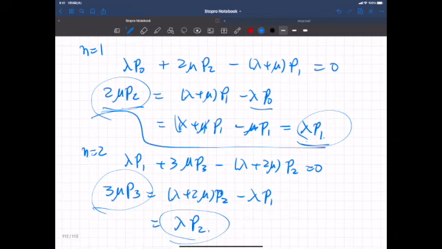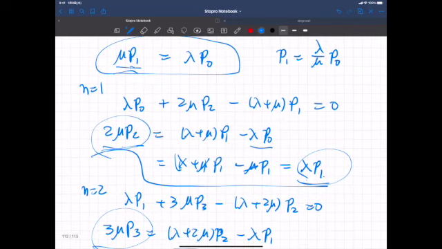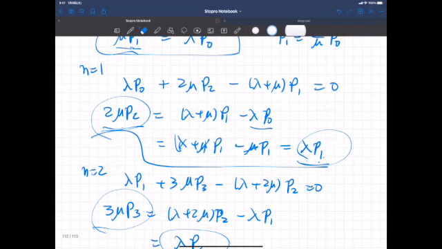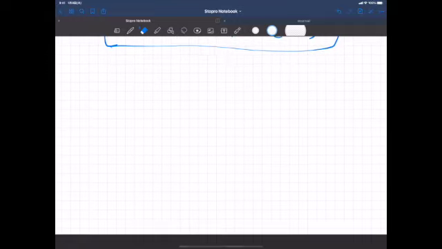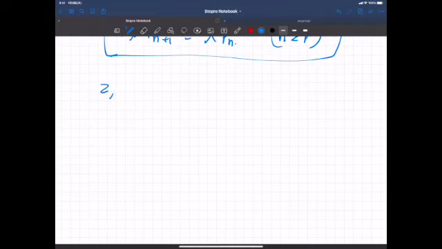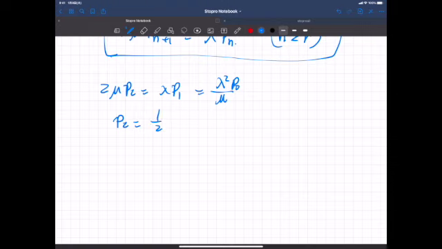And from this, if you replace p1 here, we have 2 mu p2 and lambda p1, that is lambda squared p0 over mu. If you divide both sides by 2 mu, we have 1 over 2 and lambda over mu squared p0.